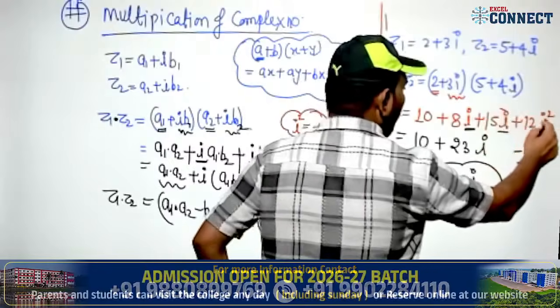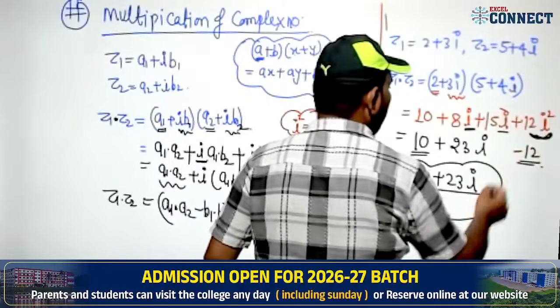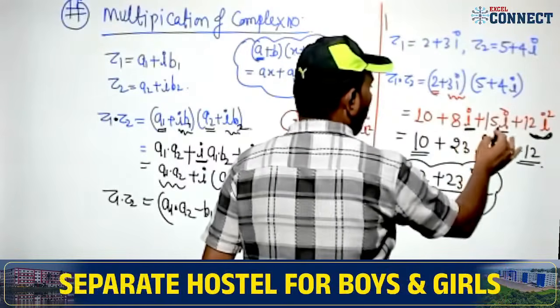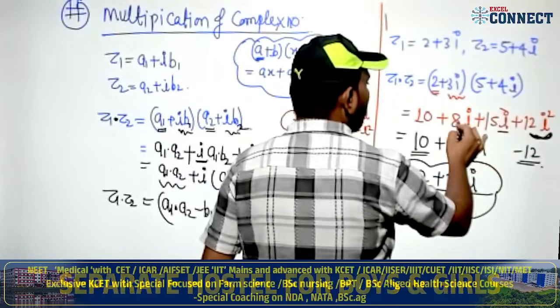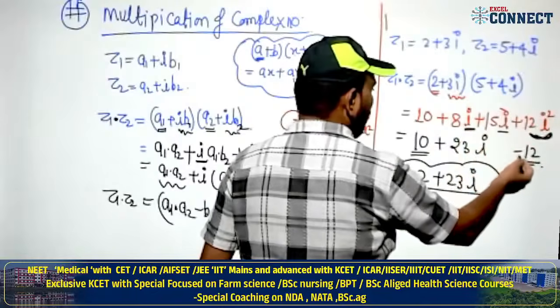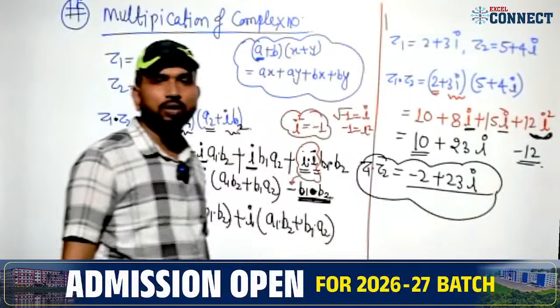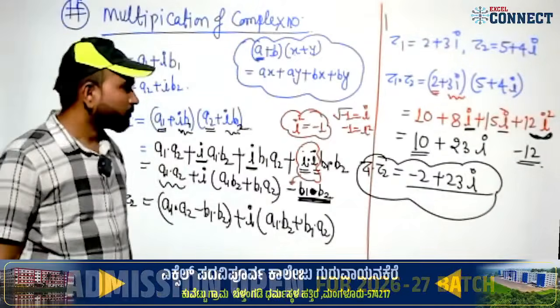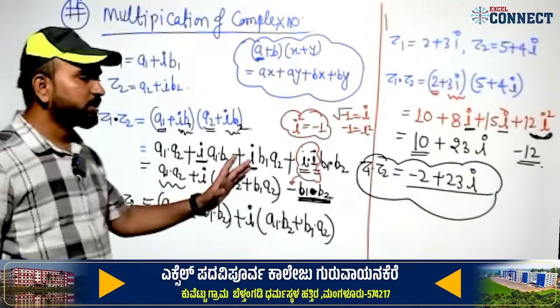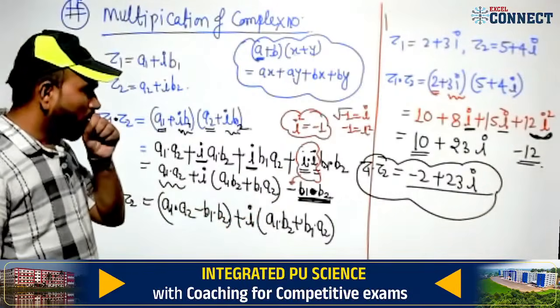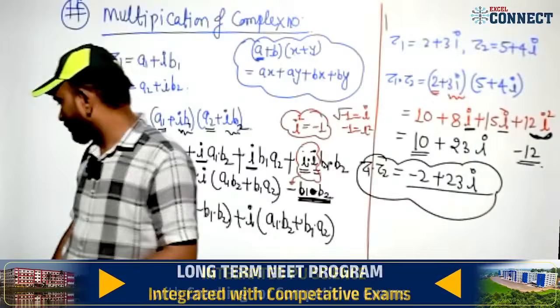Iota square is minus 1, so this is minus 12. And this I can take i common, 15 plus 8 is 23, so 23i. Now this minus this is minus 2 plus 23 iota. So do you understand this multiplication, how to multiply actually?